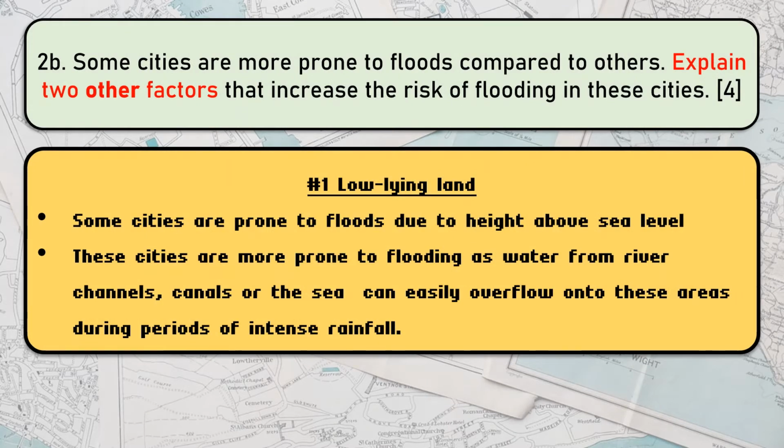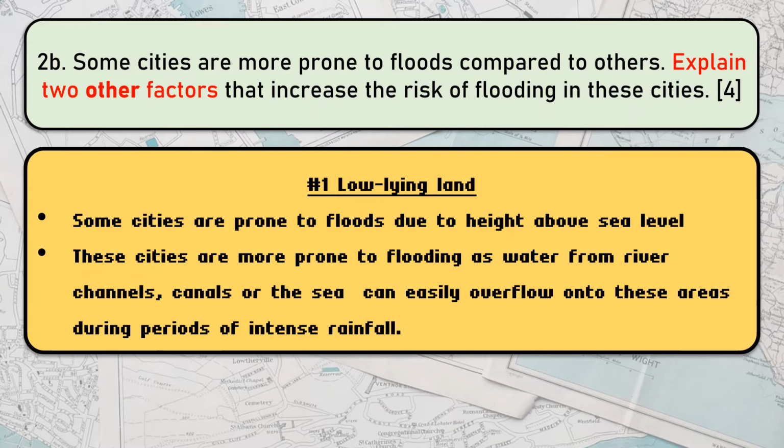Alright, in 2b, some cities are more prone to floods compared to others. So again, this is related to the key question of why are some areas more prone to flooding? So explain two other factors that increase the risk of flooding in these cities. So remember, they are not asking you for causes of floods, which is your high rainfall, your snow melt, your failure of man-made structure. No, they are not asking for that.